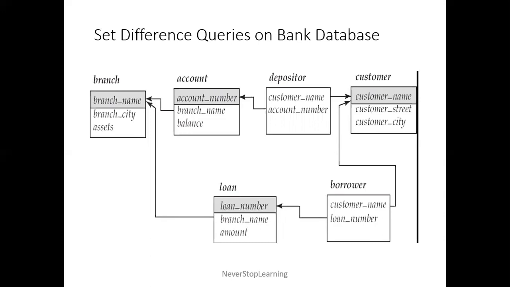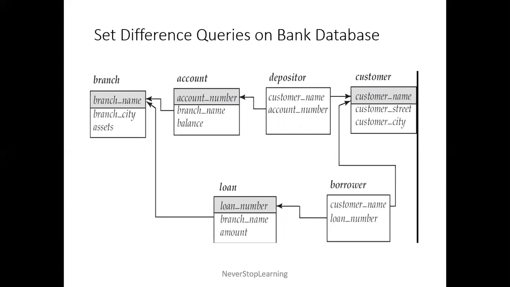For the account table, account number is the primary key and branch name is a foreign key, which is referring to branch. Fine. So this is the bank database, and all the queries we are going to solve using this bank database.